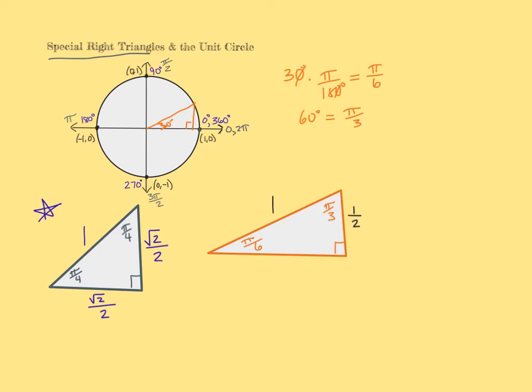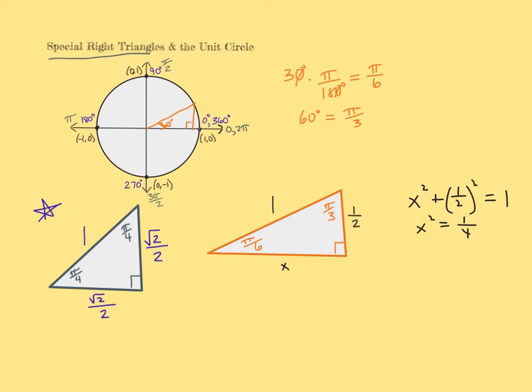All right, so we'll have one, and I'll call this x, since it is x. It's this length right here along the x-axis to find these coordinate points here. All right, so we'll have x squared plus 1/2 squared is 1 squared. And then 1/2 squared is 1/4.